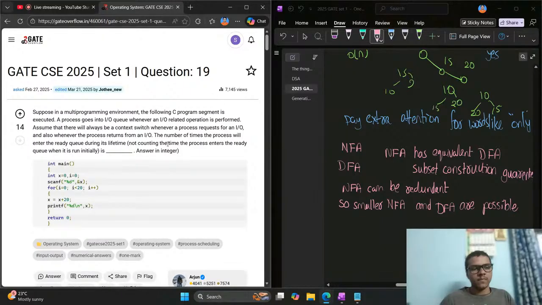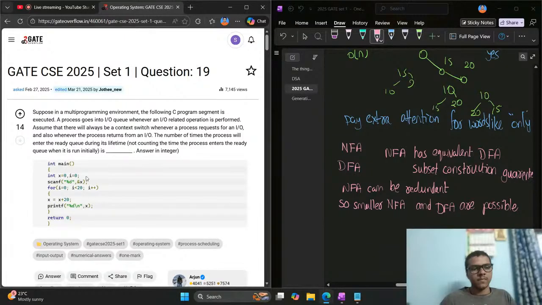The number of times the process will enter the ready queue during its lifetime, not counting the time the process enters the ready queue and is run initially. Okay. So when you click on the run button, it will enter the ready queue, that is not counted. So we are starting from here. So it will enter the ready queue once.